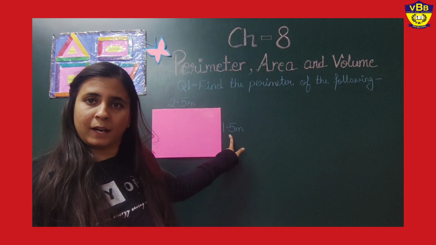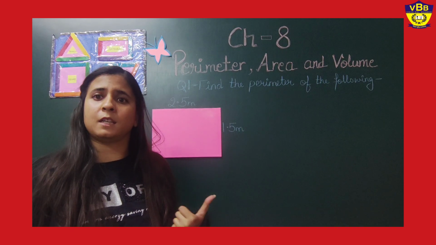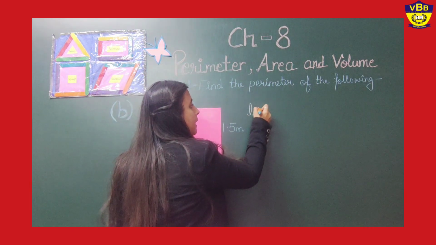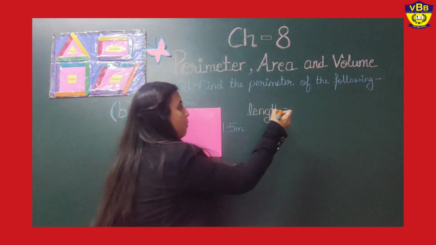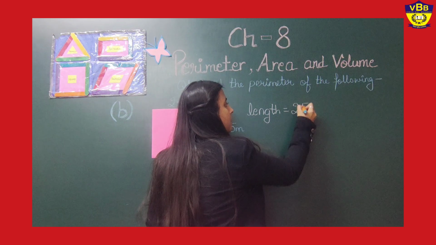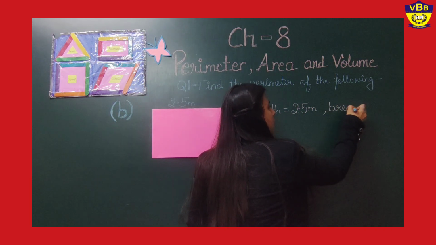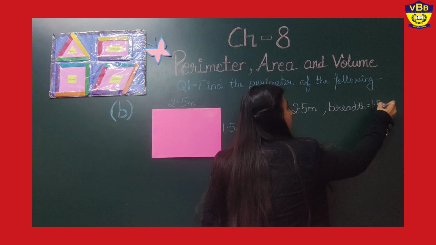Just now we have learned that the perimeter of a rectangle is to find the sum of length and breadth and multiply it by 2. We did it right now. So how are we going to start with it? Let's write length is equal to 2.5 meter. Breadth is equal to 1.5 meter.